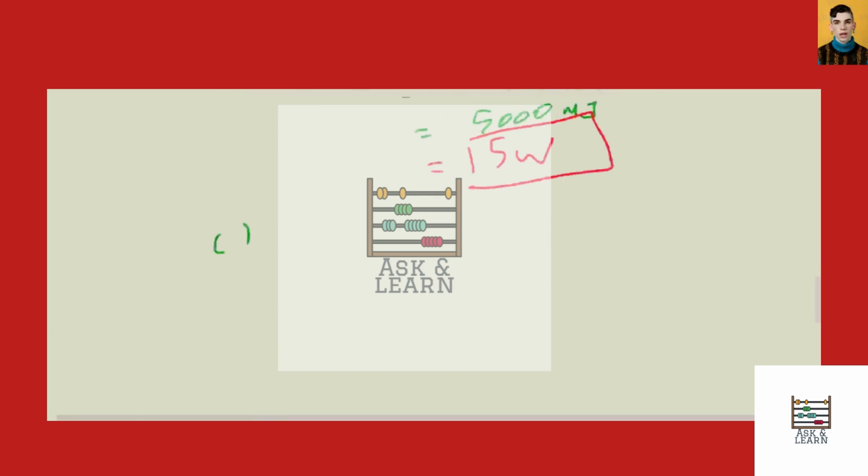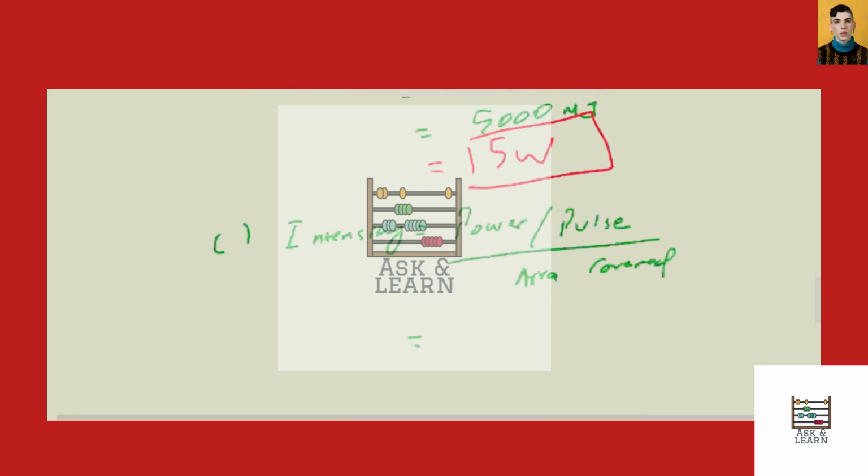So the next thing we're looking at is the intensity. Now we're dealing with the intensity, and we define that as the power per unit pulse relative to the area that's covered.